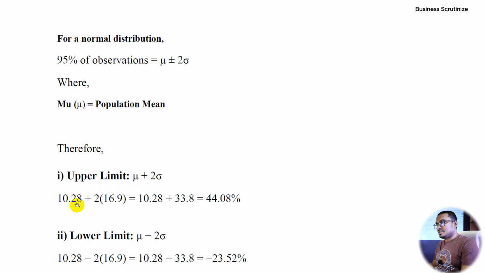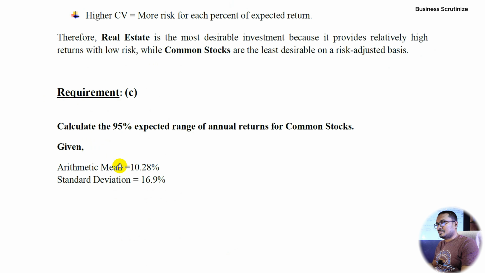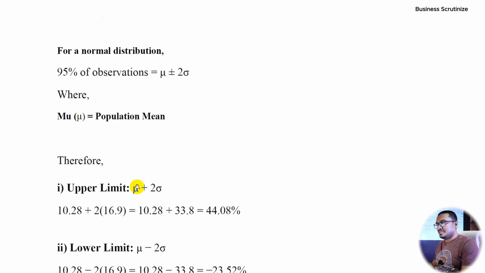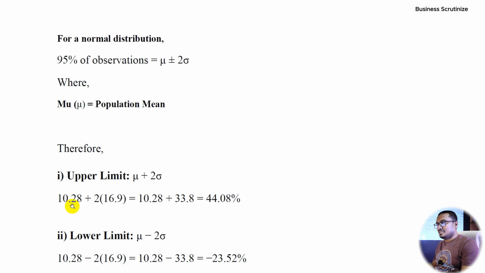If we input the given data, arithmetic mean and standard deviation, into this equation, the upper limit is 10.28, the population mean, plus 2 times sigma, or standard deviation. So here we will find 44.08%. This percentage is the upper limit.